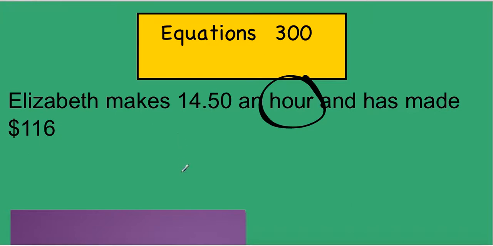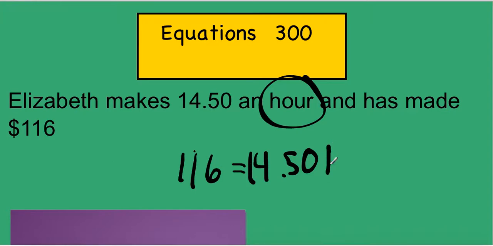Now I know she's made $116, and the way she made that money was by working every hour, and she makes $14.50 every hour. So your equation is going to be 116 equals 14.50 times H. And remember, you want to watch out for this. This is only when we're comparing one variable.